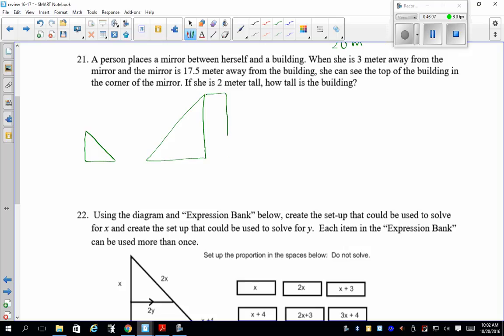So here's the building, and here's the person. Okay, and the mirror is between them. Mirror.